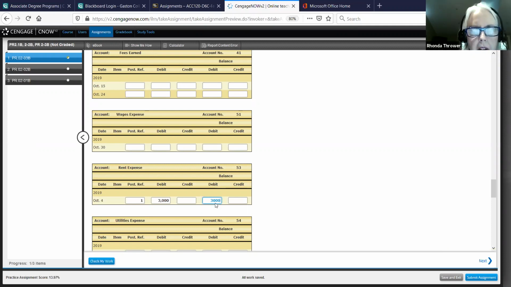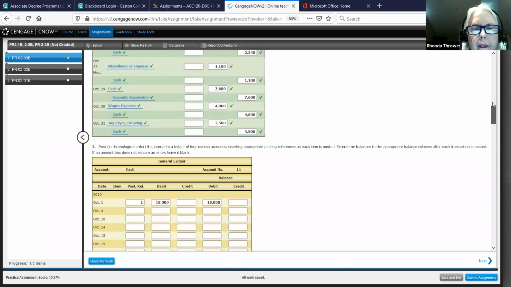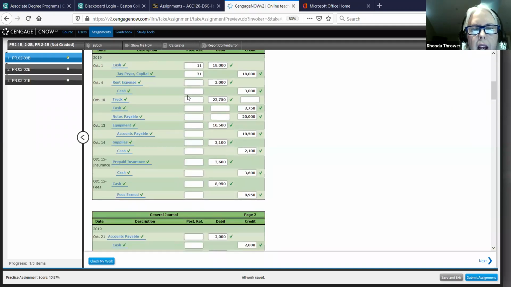Notice you debited it here, so you're debiting it here. The amount of the account is 53, and you put it here, and then you're through with the posting process for rent expense on this transaction.